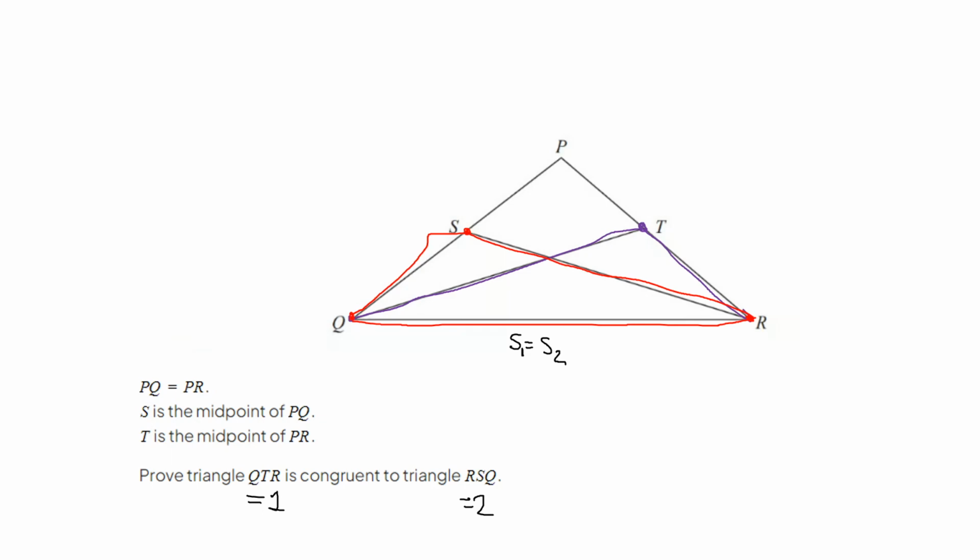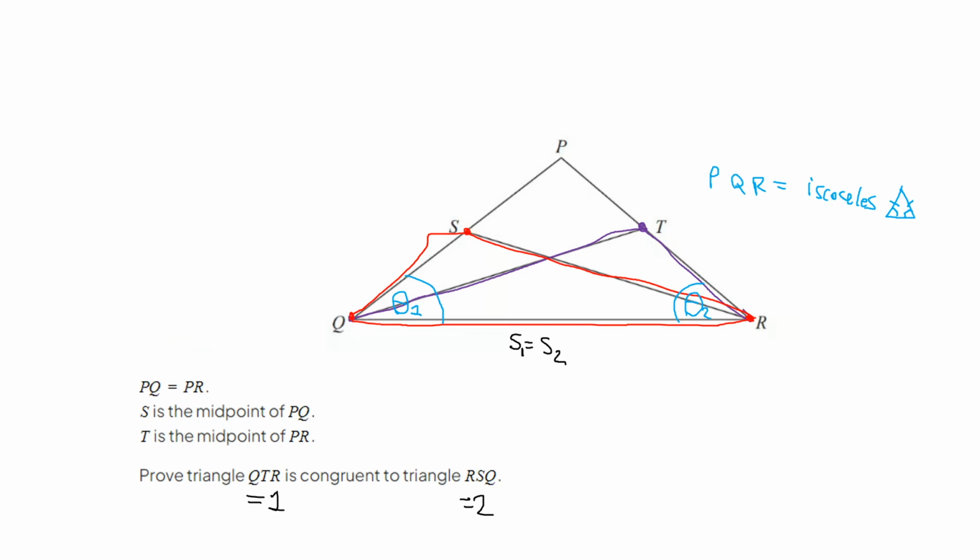Additionally, we can say that theta 1 here is equal to theta 2 here. Why? Because PQR is an isosceles triangle, and for an isosceles triangle, if these two are equal, then these two are always equal as well.